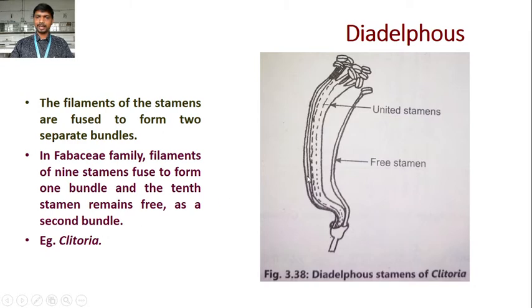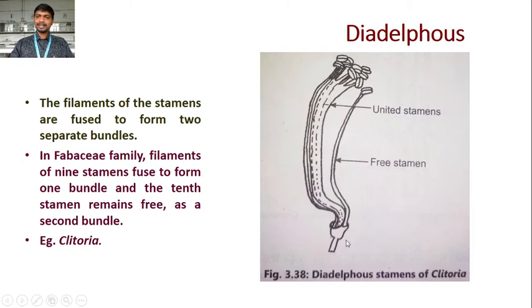So there are two bundles. One bundle is formed by the union of the filaments of 9 stamens, while the 10th stamen remains free, whose filament is free and whose anther is free. Such a condition is the diadelphous condition.